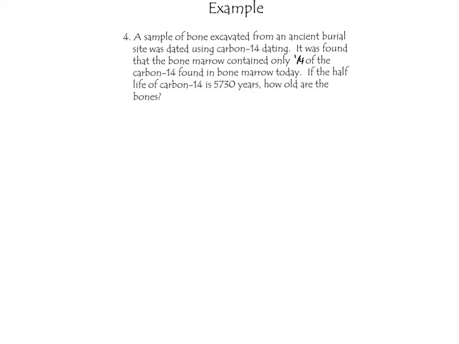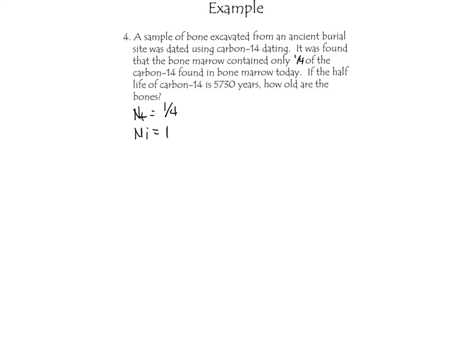Now, what's given to us: it says the bone marrow contained only a fraction of the bone marrow found today. It only has a quarter, so we know that our final mass is equal to 1/4. Since this is a fraction, we assume our original mass is equal to 1.